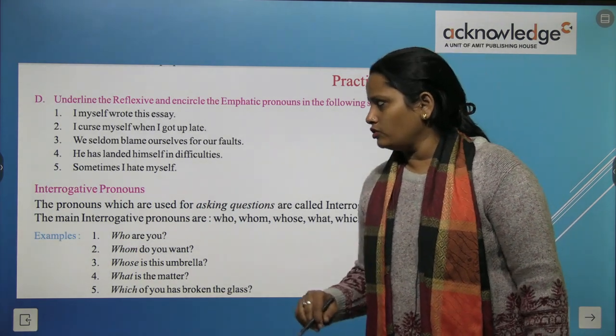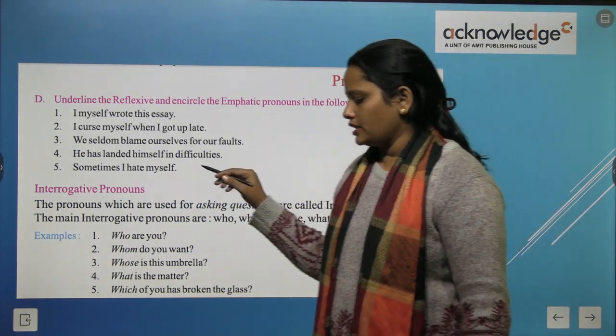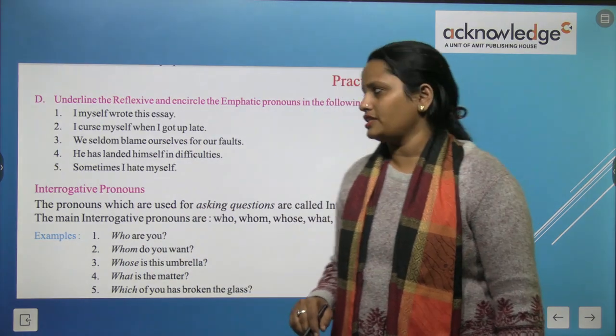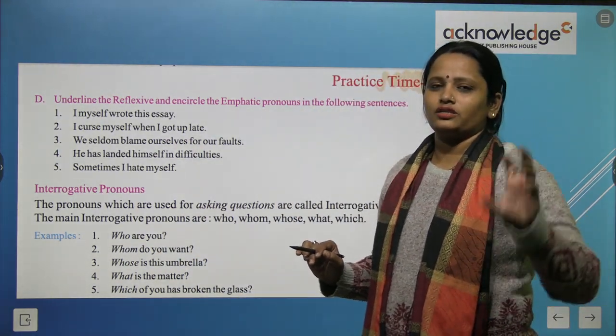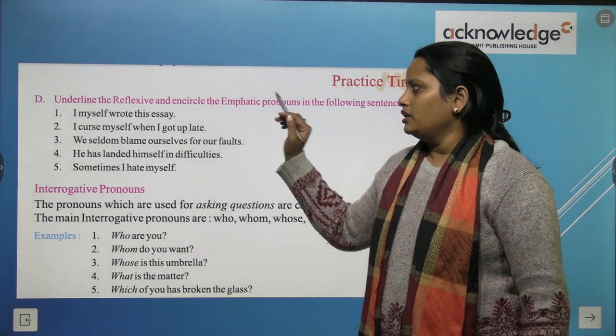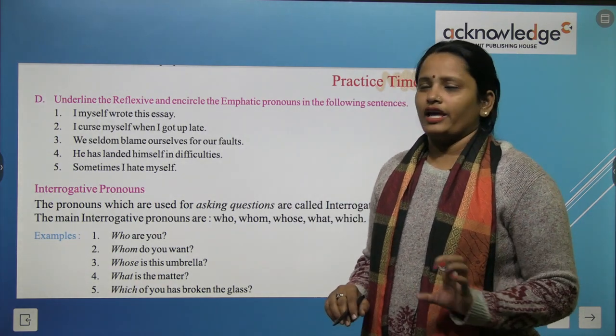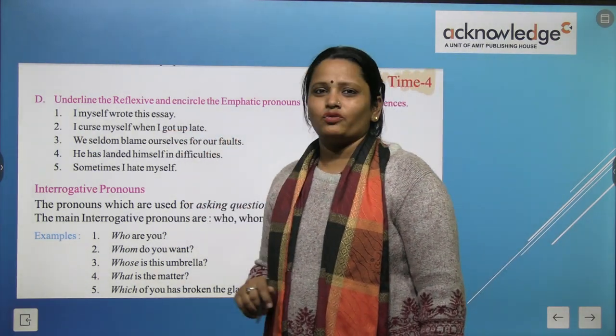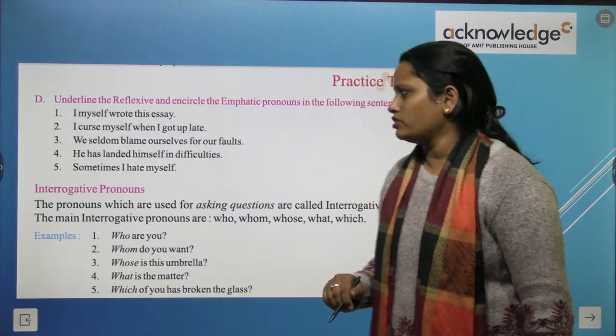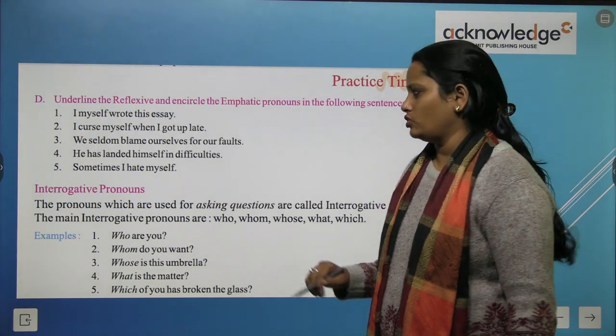So here we have to underline this myself and it is reflexive here. क्योंकि आप देख सकते हो I और myself में curse word आ रहा है और ये एक दूसरे पे reflect कर रहे हैं कि उसने खुद को किया. So here the second one is reflexive and children, the rest three you have to do on your own.